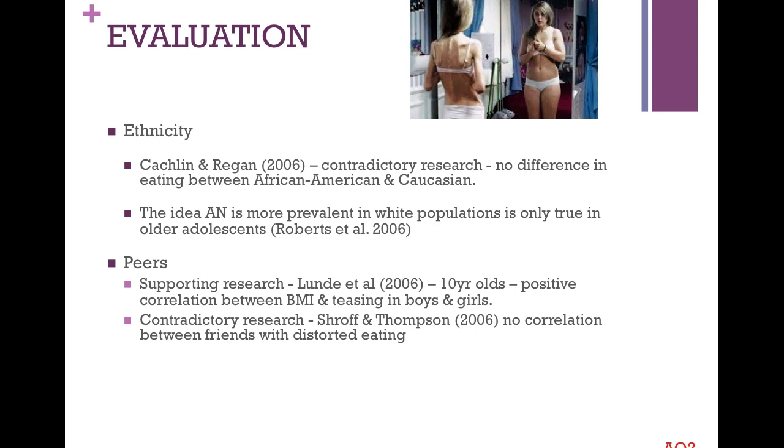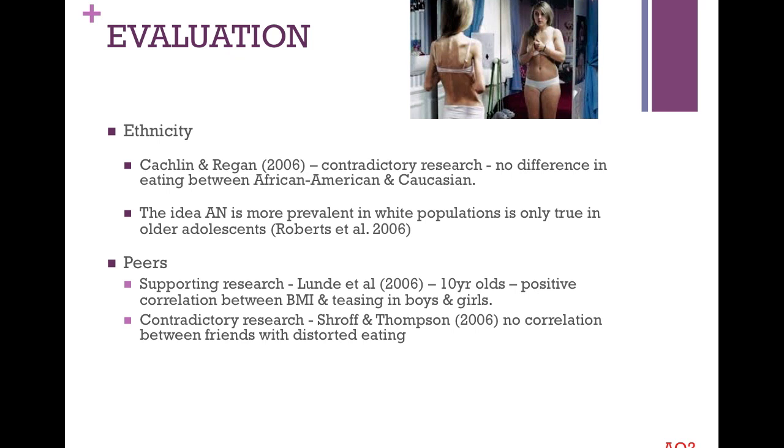They found this in both males and females, or boys and girls. So that would suggest their peers do seem to bully and tease those with a bigger body mass index, and so again that would suggest why some of those children would then control their weight, and that could lead to anorexia.